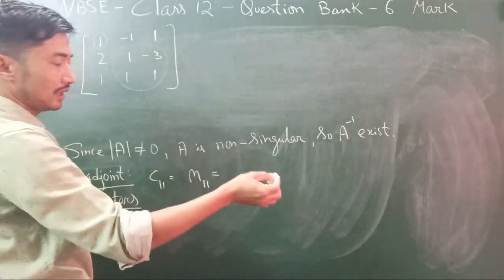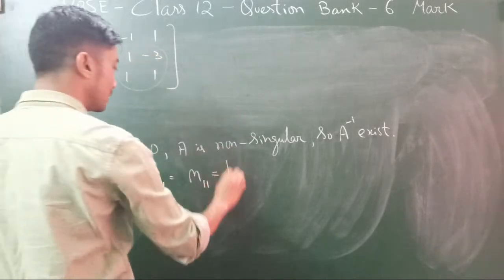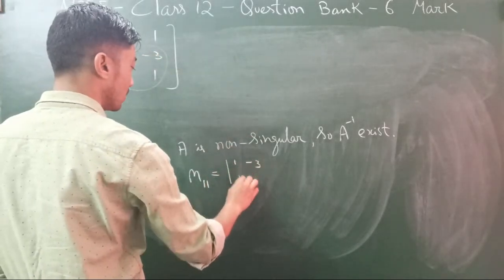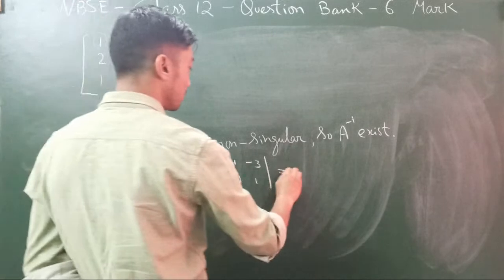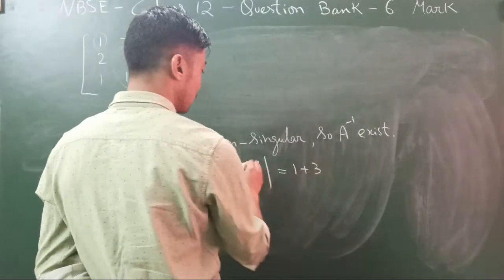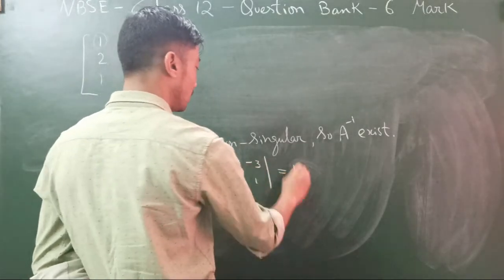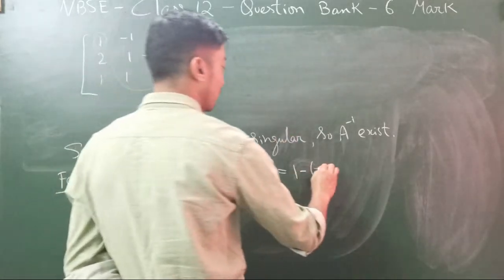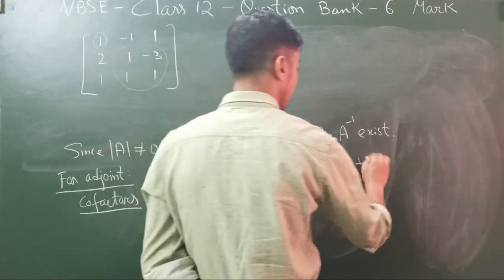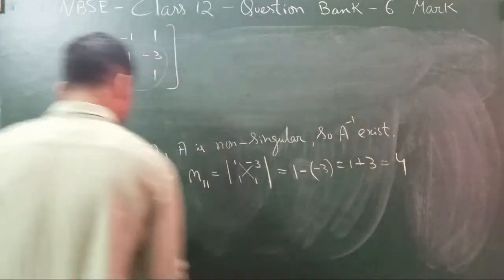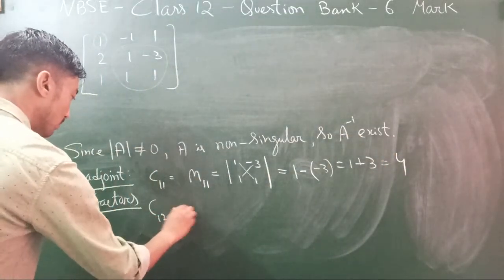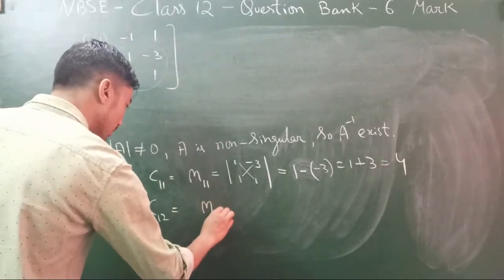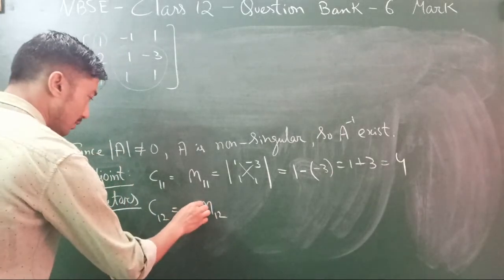Minus 3, 1, 1. For this question, some of you must be learning this for the first time. So it's actually 1 into 1 minus 1 into cross multiplication like this, no? Minus 3. So that's 1 plus 3. That's of course 4.